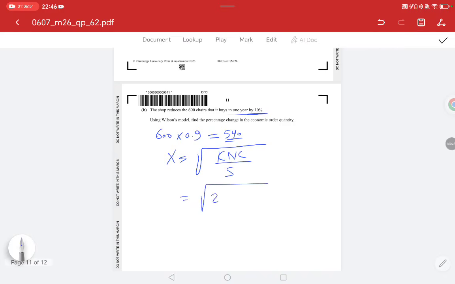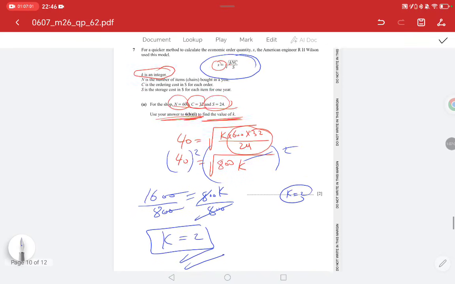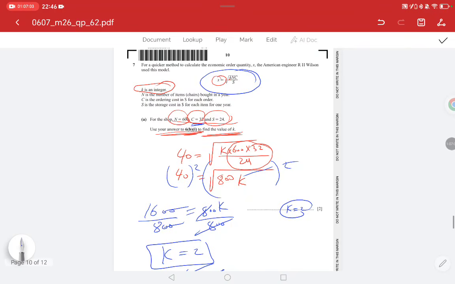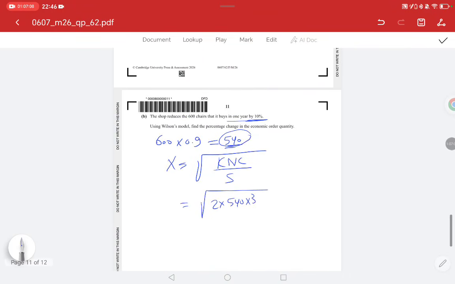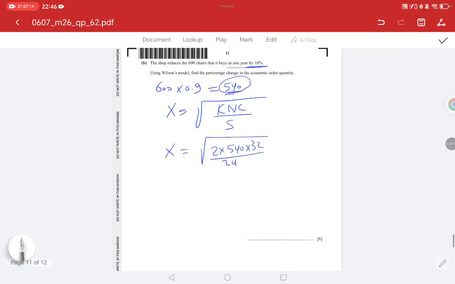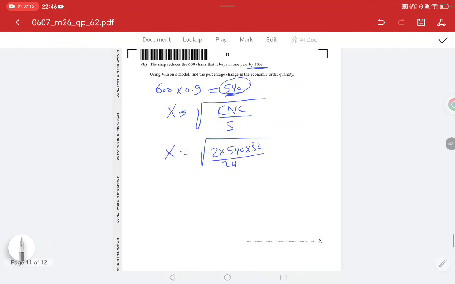K, we found K is 2. n is 540. And C is 32 and S is 24. So what's x? Let's see.